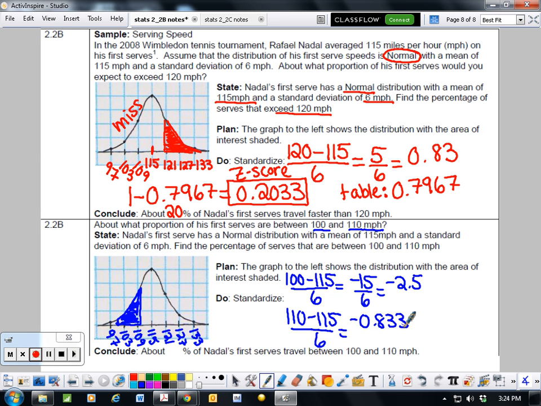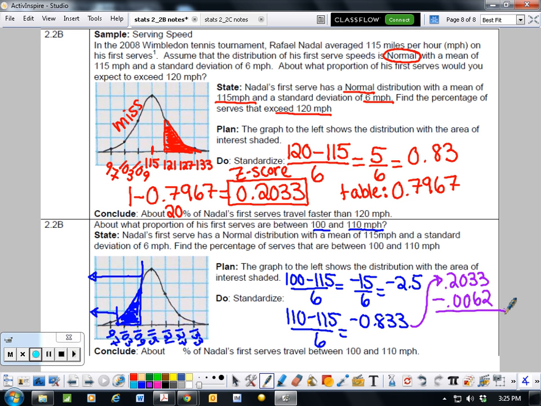Remember this is shaded below, so I take the highest value and subtract the part that I don't want. So I'm going to take the proportion for negative 0.83, which is 0.2033, and subtract the part I don't want from the negative 2.5, which is 0.0062.